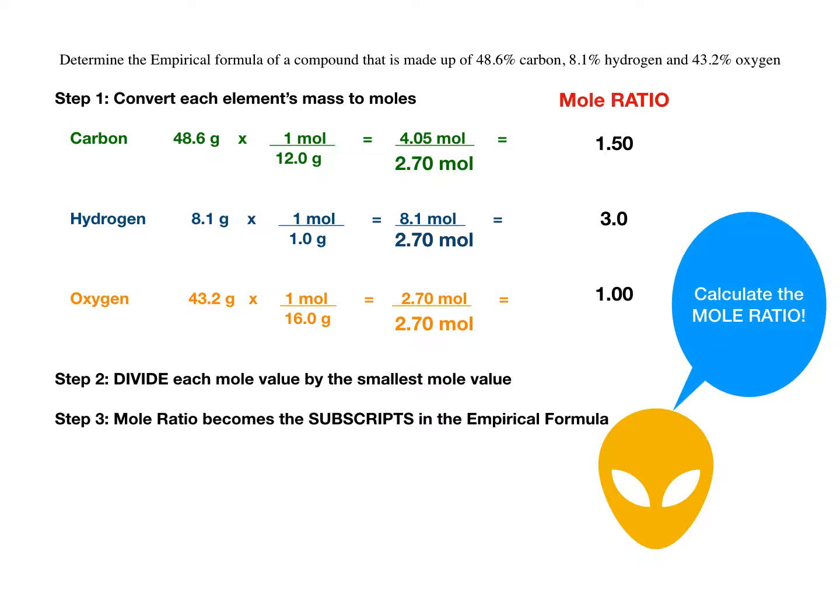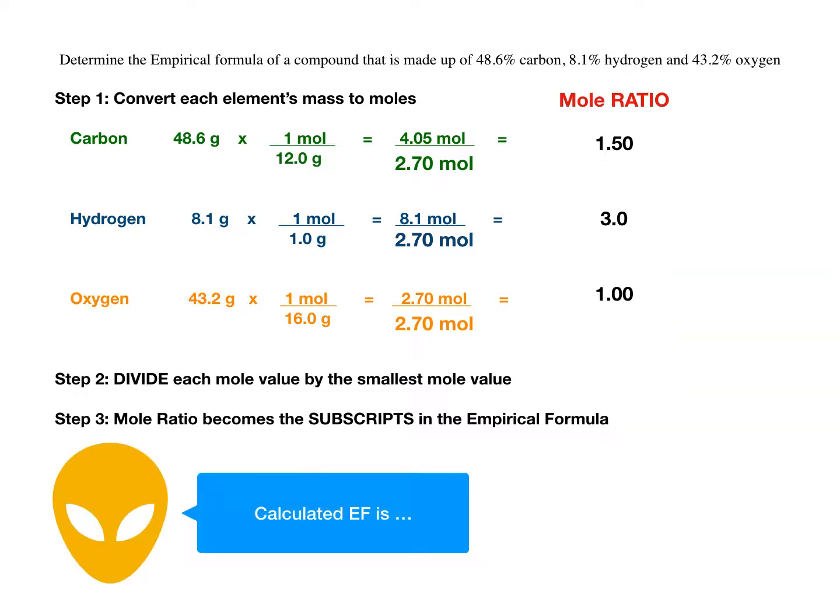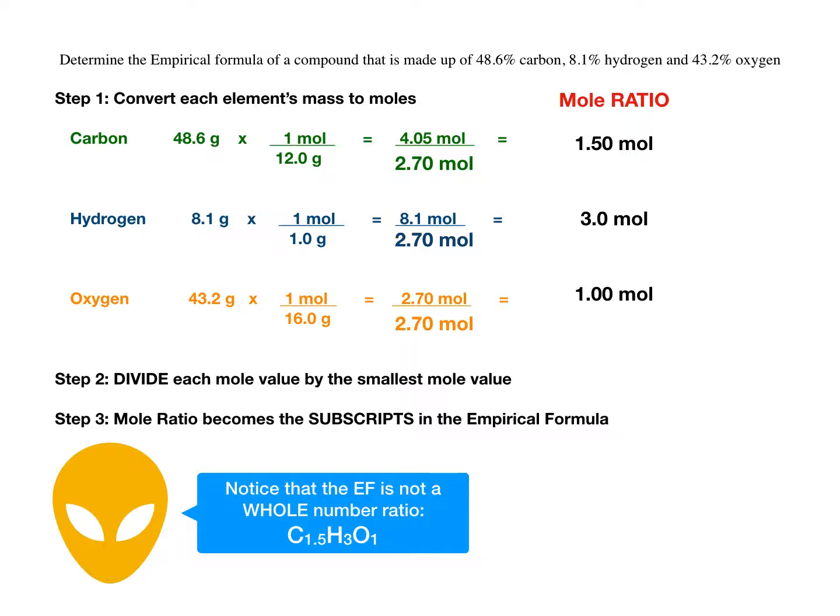The next step is to use those calculated mole ratios to write the empirical formula with correct element symbols and our calculated mole ratios. This initial calculated empirical formula happens to be C1.5H3O1. But you should have noticed that the empirical formula is not a whole number ratio. We're not supposed to have decimals in our subscripts.